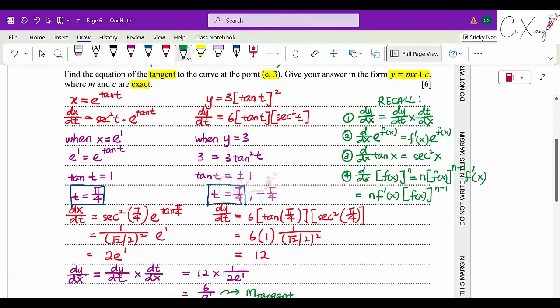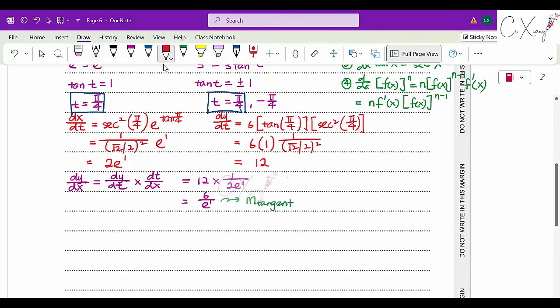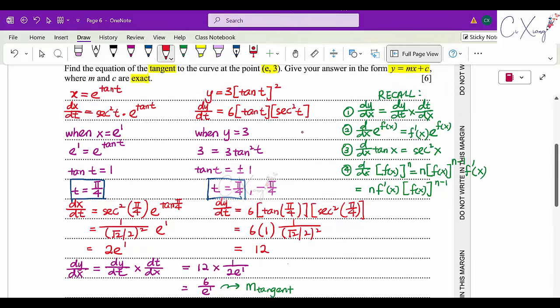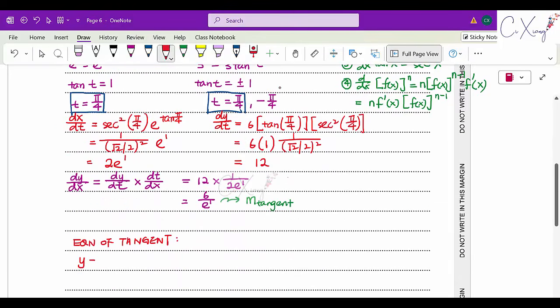Let us form the equation of the tangent. The formula for the equation of the tangent is y minus y coordinate. The y coordinate for the passing point is 3, equals to m, x minus x coordinate, so minus e to the power 1.